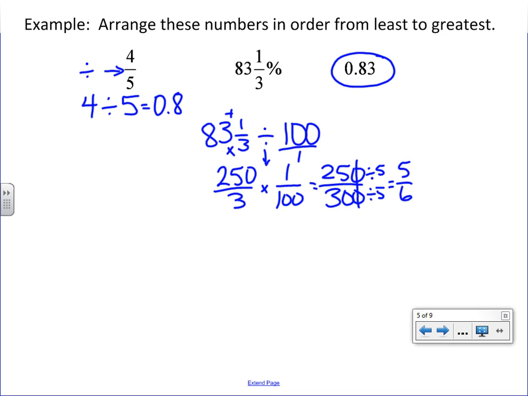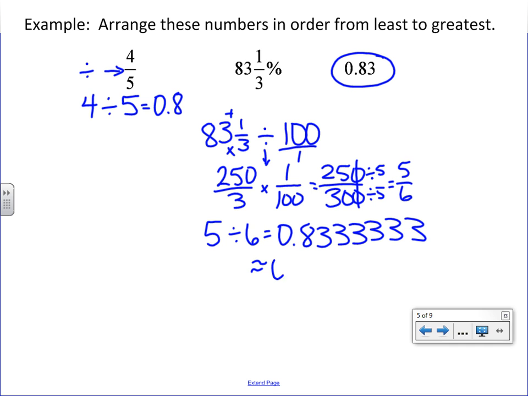So I can take 5 divided by 6, which gets me 0.833333, or approximately 0.83 repeating. Okay, so the numbers that I want to arrange from least to greatest now are 0.8, 0.83 repeating, and 0.83.